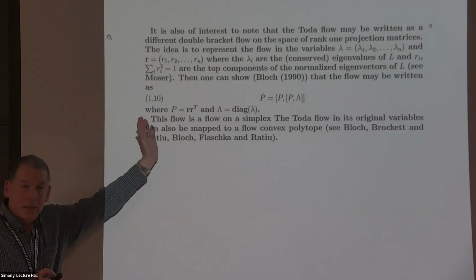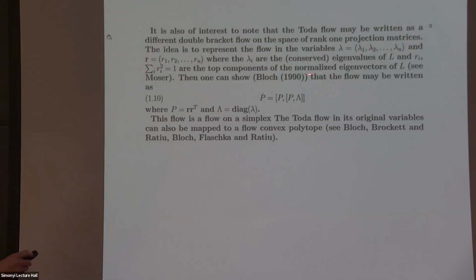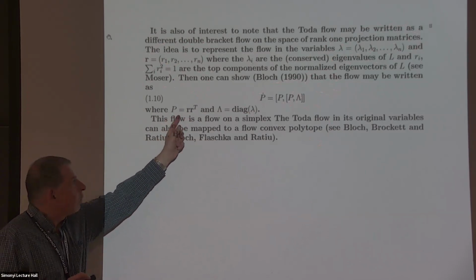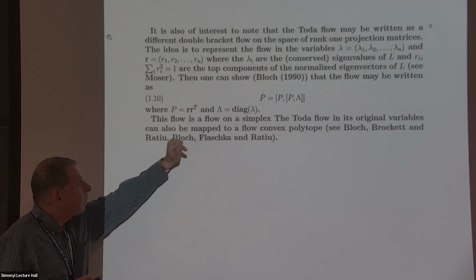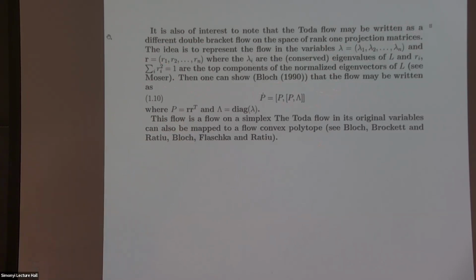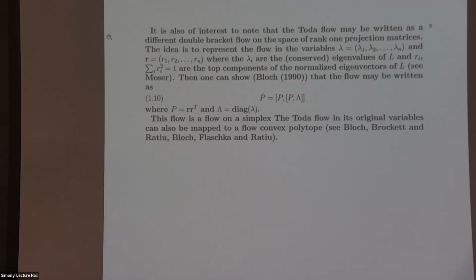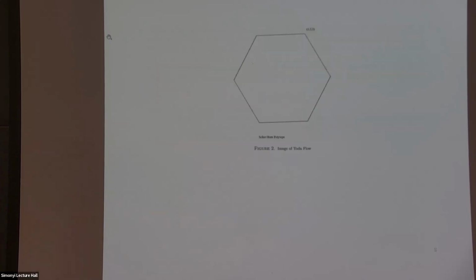This is what Moser did in his paper, and then you can rewrite it also in a double bracket form, but on projection matrices. This is a rank 1 matrix, R R transpose, where R is the set of the top components of the normalized eigenvectors. And so this is another interesting way of looking at the flow on the set of fixed integrals of motion. Okay, so I'll come back to that kind of picture.